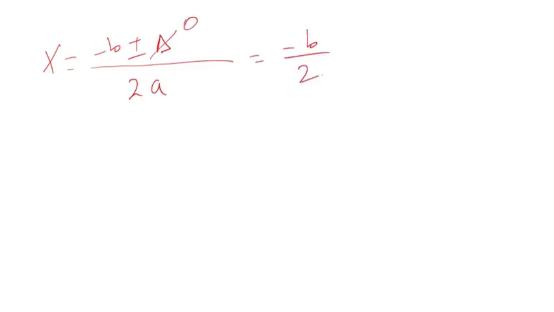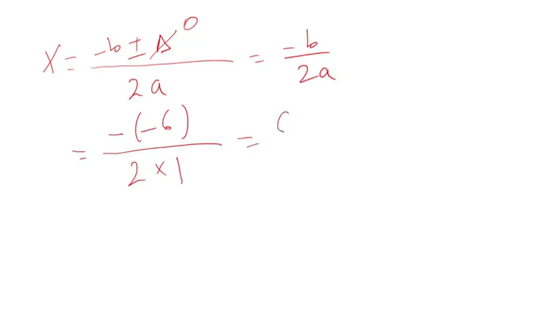So then x is equal to minus b plus minus delta divided by 2. Delta is 0, so it doesn't matter. So it's just minus b divided by 2 times a. In my example, b was minus 6. So minus minus 6 divided by 2 times a, in my case 1.